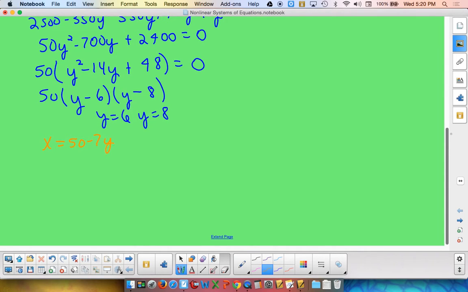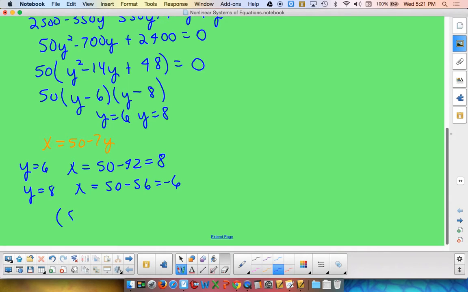So consequently, if I plug in y equals 6, I'll have 50 minus 42, or 8. If I plug in y equals 8, I'll have 50 minus 56, which will give me negative 6. Now be sure you write those answers as coordinates, because they are the point of intersection, and in the correct order.